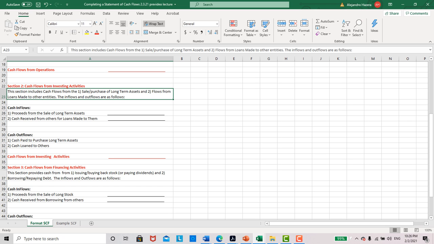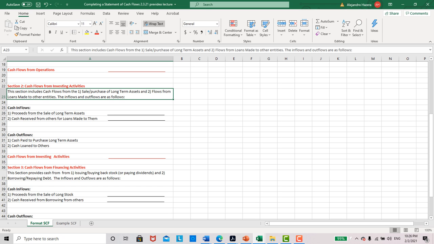Now, I want to be very specific about that. These are cash flows from money you lend out, not money you borrow, money you lend out. So the two activities here are the cash that comes in or goes out from the sales and purchase of long-term assets, and cash that comes in and goes out from loan activities.